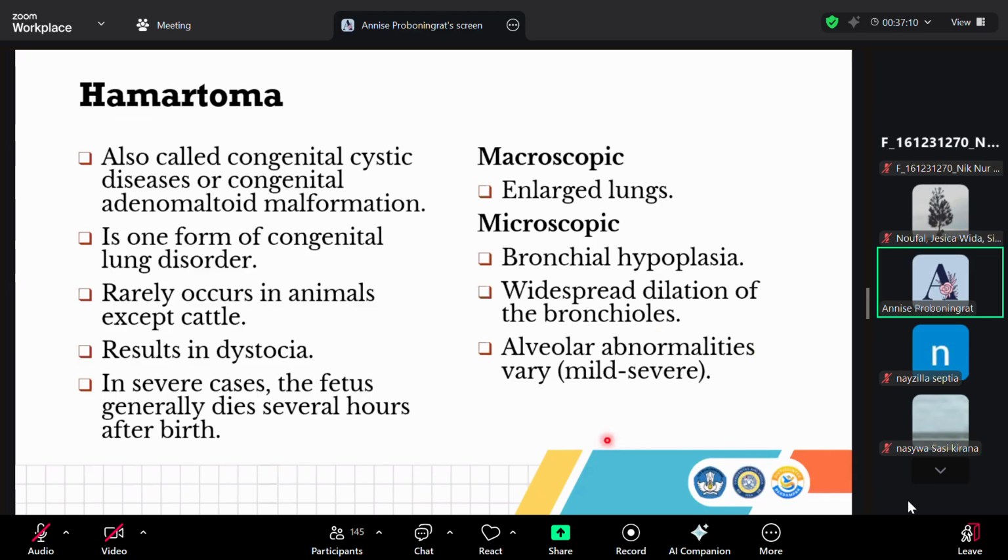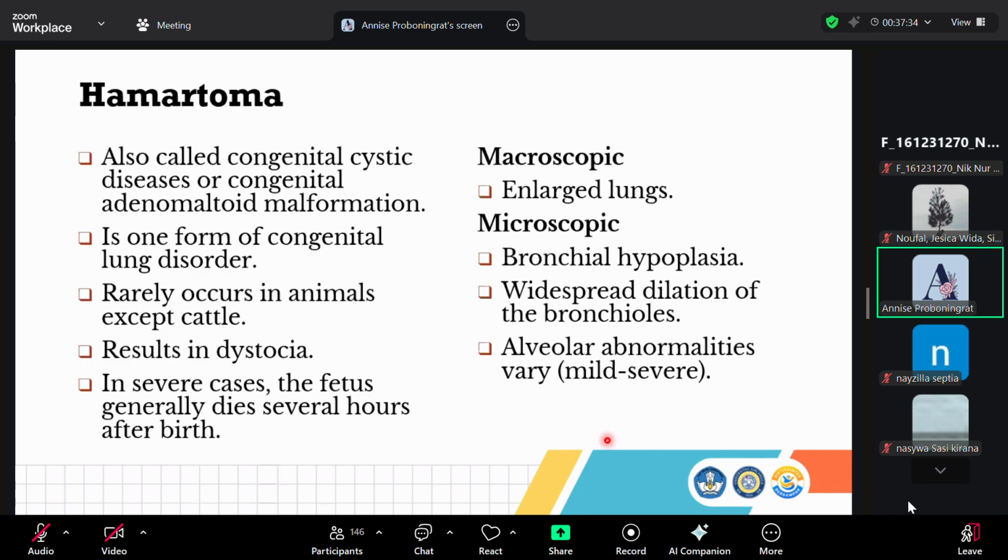Okay, the first one is hamartoma, also called congenital cystic disease or congenital adenomatoid malformation. This is one form of congenital lung disorders, rarely occurs in animals except in cattle, and it will result in dystocia, especially in cattle.